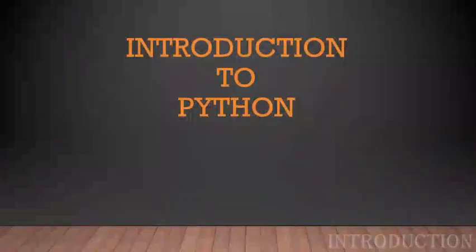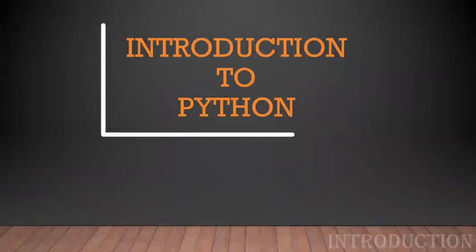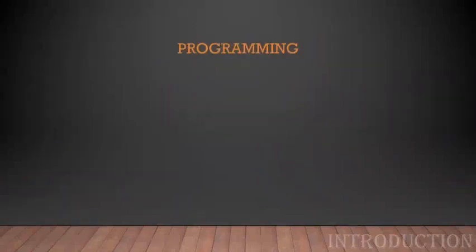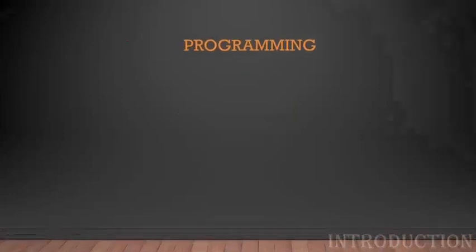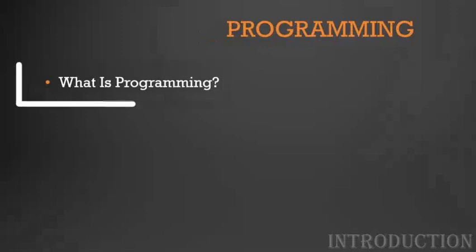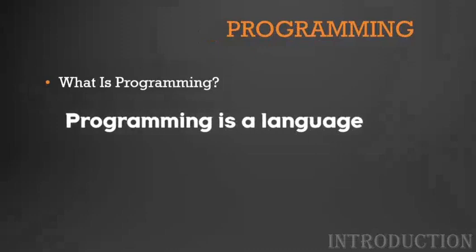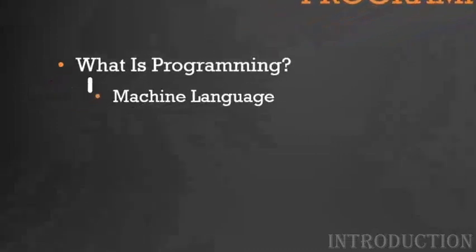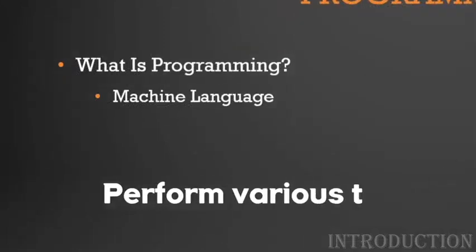So let us begin. We will be having an introduction to Python. Before starting with Python itself, we'll see what exactly programming is. So we'll have a few questions, like, what is programming? Programming is a language that a machine can understand in order to get it to perform various tasks.